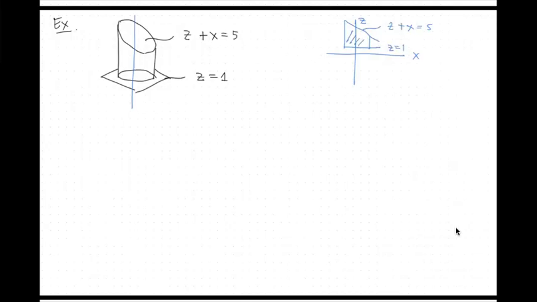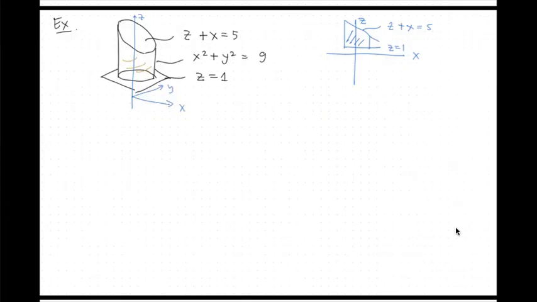And then this is bounded by the cylinder. This cylinder here has equation x squared plus y squared equals 9. And of course, let me draw the axis. So this is your x, this is your y axis. Note that this is not drawn to scale.